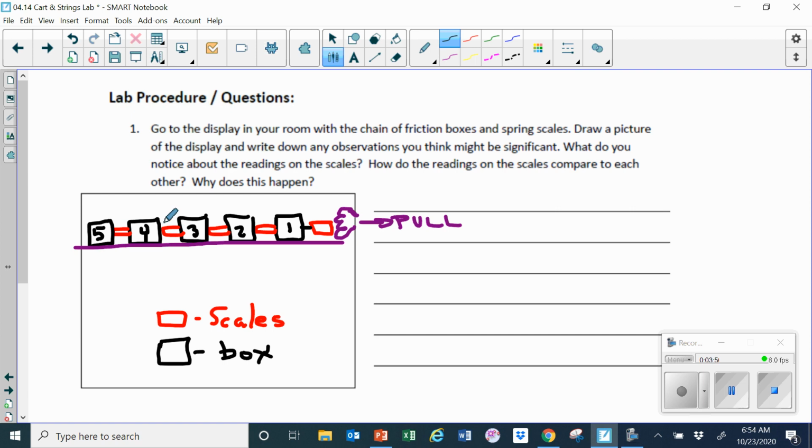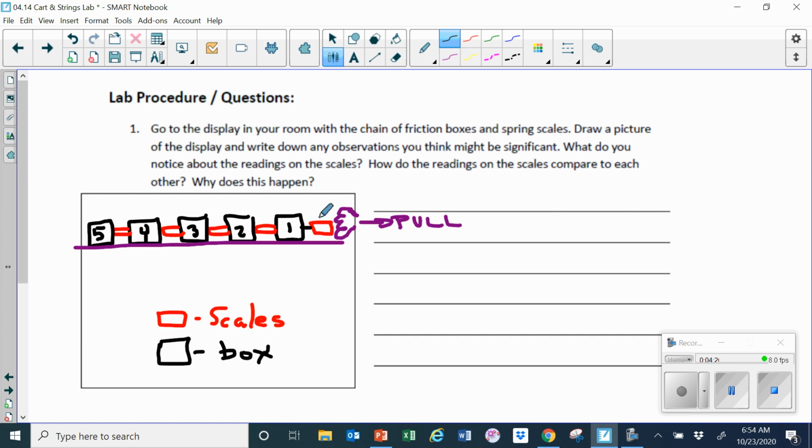Okay. So I've drawn a picture of the display, and now I'm going to talk about this for a minute. And then you need to do the same thing in your lab. You need to make a picture and then write down what you think about this, okay? So basically how this is set up is we've got a whole group of boxes, 1, 2, 3, 4, 5 boxes. These represent the carts in the train at the amusement park. The red boxes will be the scales, okay?